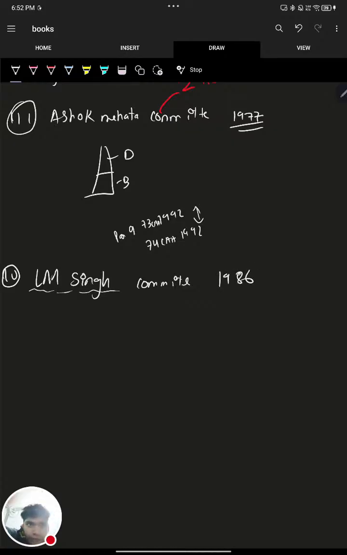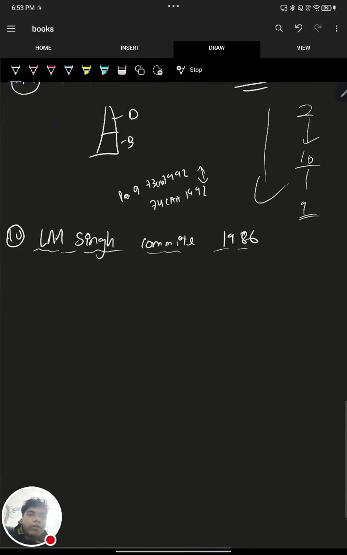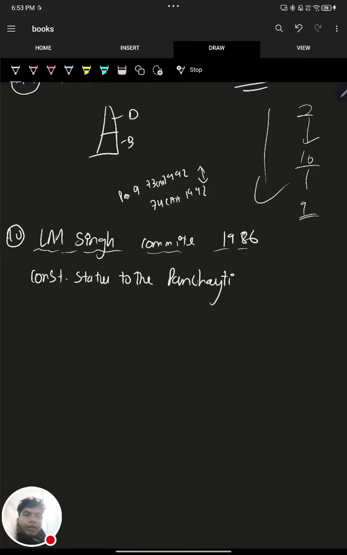How many years ahead is it? Nine years ahead of the amendment. So the LM Singh committee in 1986 talked about giving constitutional status to Panchayati Raj.